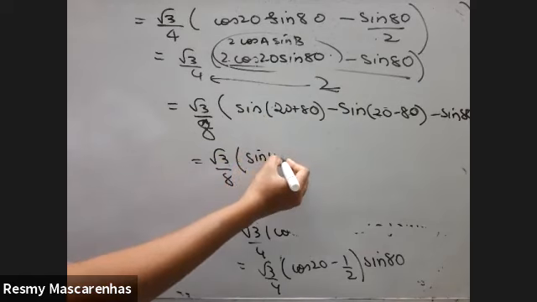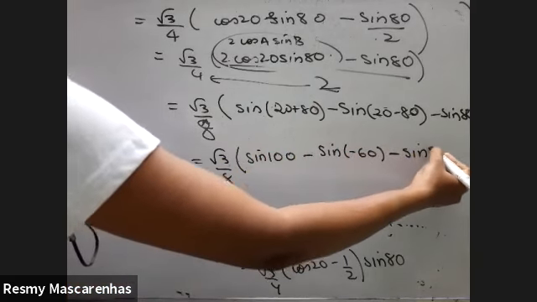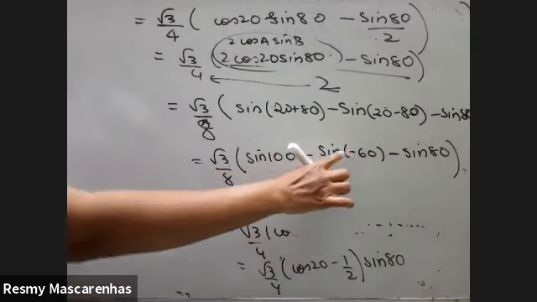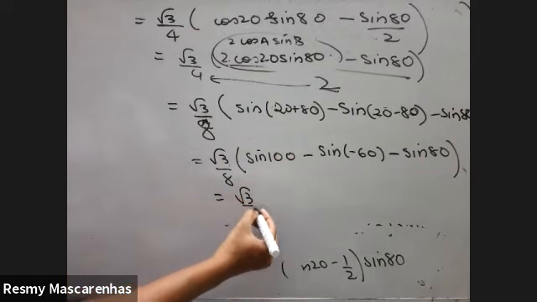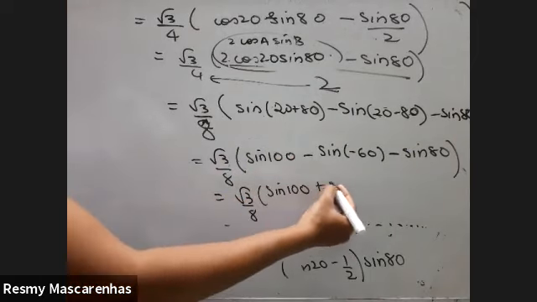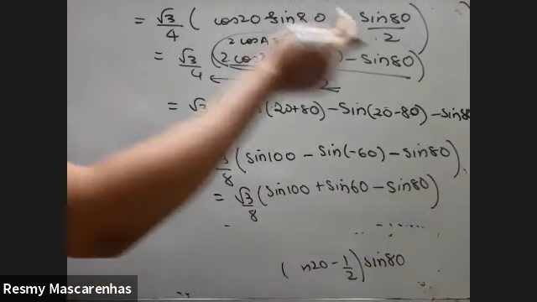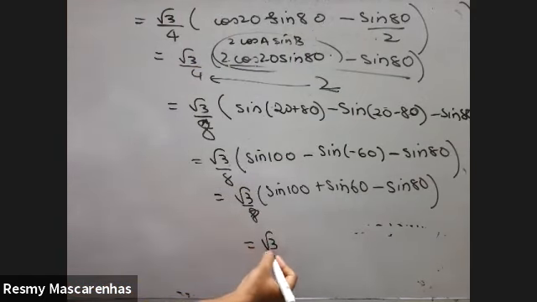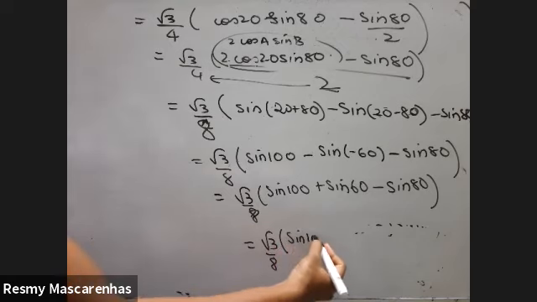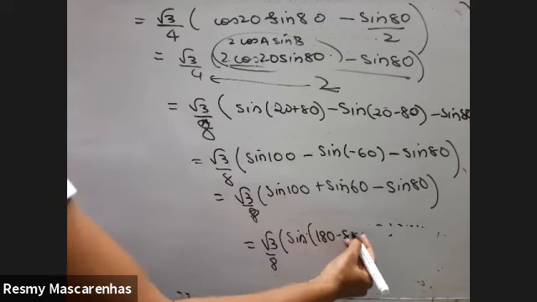So sine of 100 minus sine of minus 60. Okay, and then you know that minus of minus will become plus because sine of negative is negative. And then sine 60 is nothing but root 3 by 2. And this can be written as, I told you, 100, always write it as 180 minus 80.